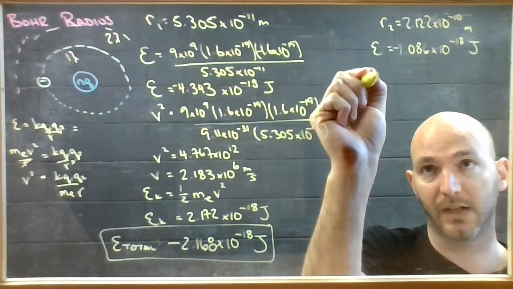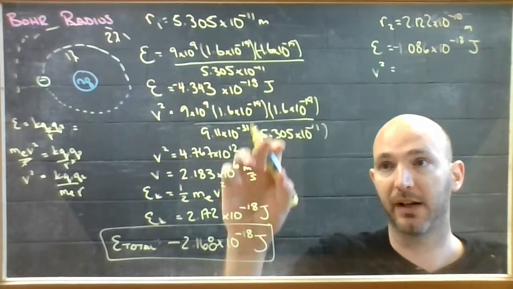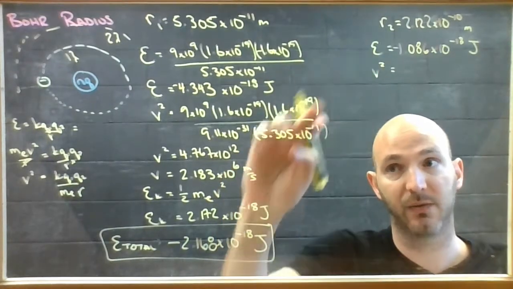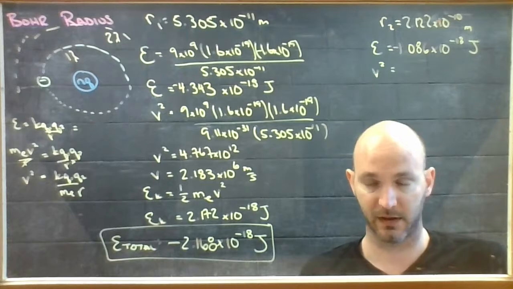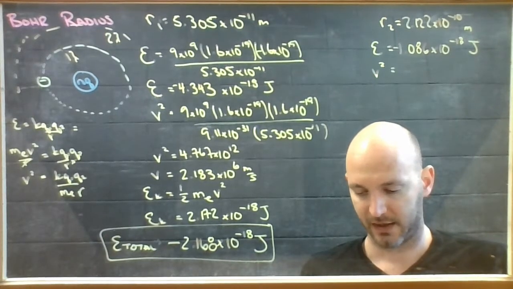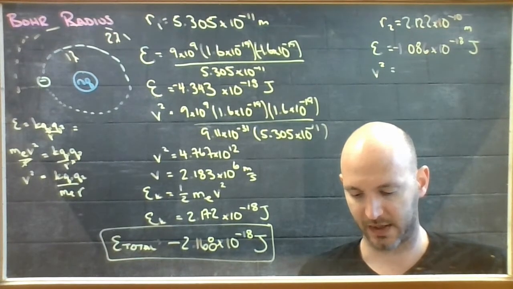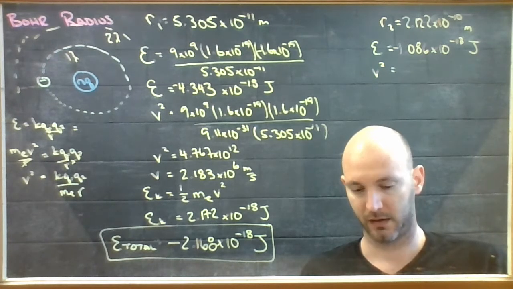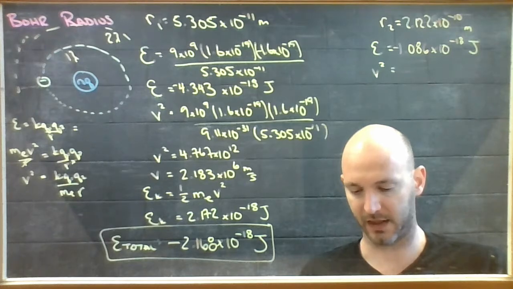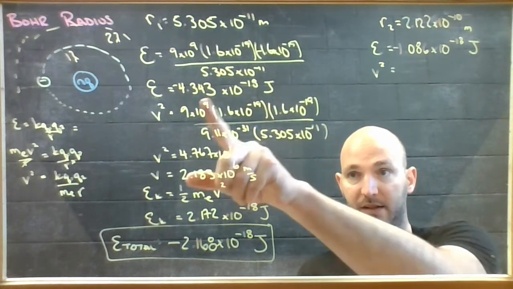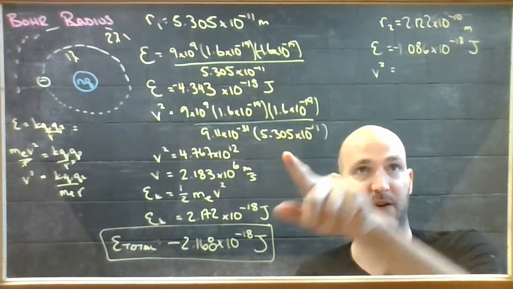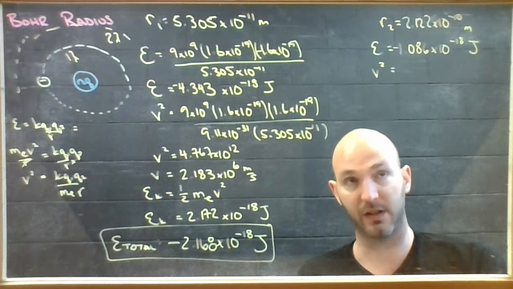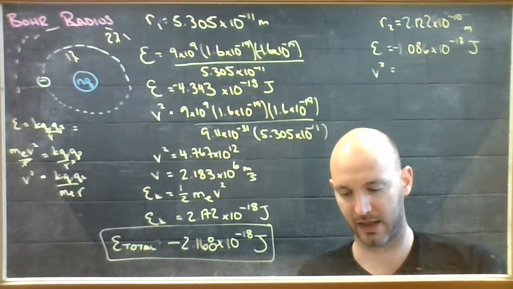So my speed squared at that radius would be, all of these numbers are the same, except I'm dividing by my new radius instead of 5.305. So 9 times 10 to the 9 times 1.6 times 10 to the negative 19 squared divided by 9.11 times 10 to the negative 31, so that's all this garbage. And instead of 5.305, I'm using my new orbital radius, 2.122 times 10 to the negative 10.